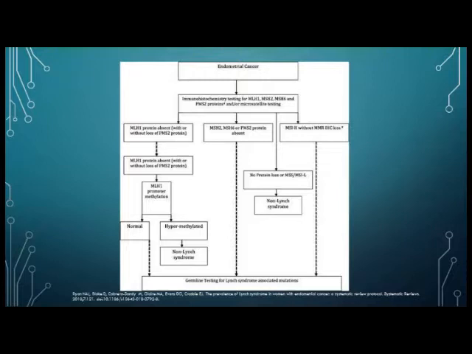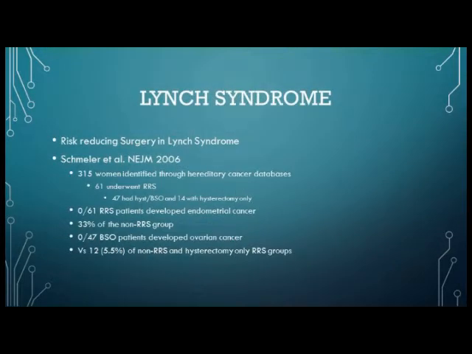So similar to BRCA, we can do risk-reducing surgery. A study in 2006 looked at women who had their uterus, tubes, and ovaries taken out, or they did nothing. Of those who had their uterus removed, no one developed endometrial cancer, versus 33% who did not.